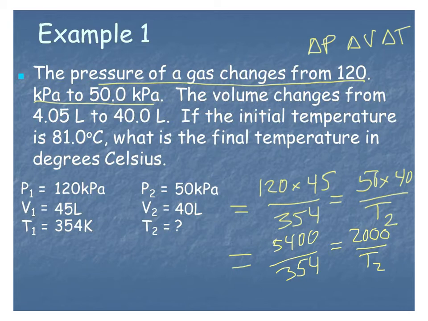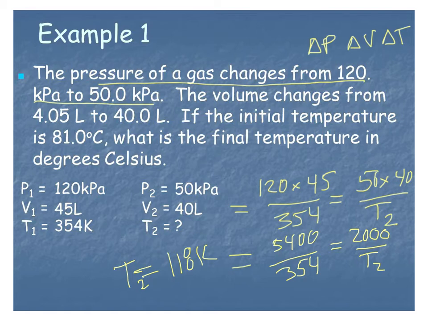Roughly, 5,400 is about 2.7 times this, so T2 should be somewhere in the order of 118 Kelvin, if my math's right. Maybe not exactly that. Let me do the math real quick on my calculator.